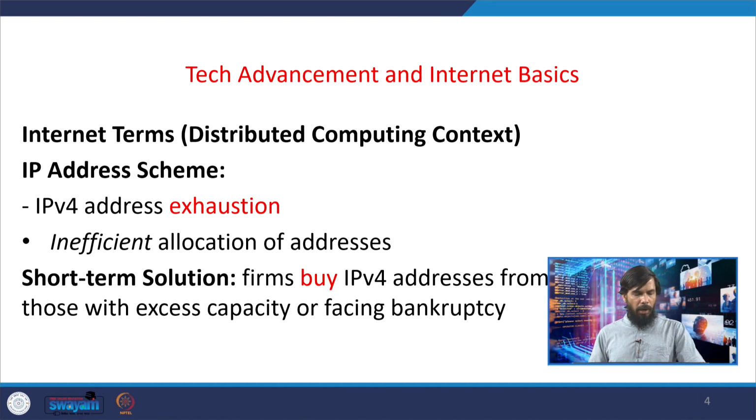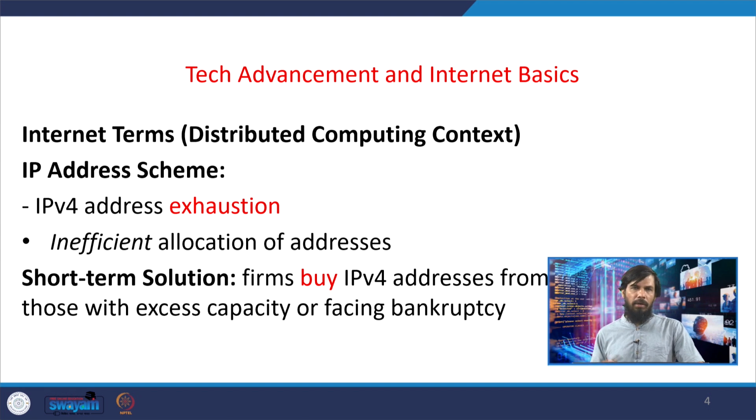Now, apart from the explosion in the number of devices that are connecting to the internet, another reason for IPv4 address exhaustion is inefficient allocation of addresses. Initially when IPv4 was conceived, nobody thought that eventually they would run out of addresses, and therefore, the allocation of addresses was done very inefficiently.